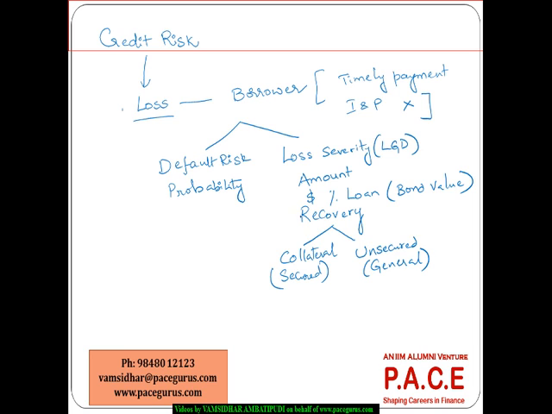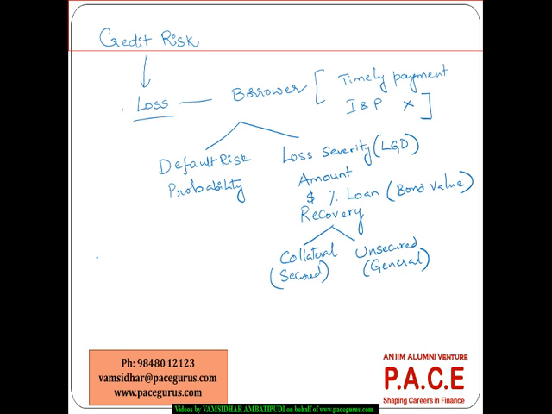So every time we look at the credit risk of any particular company exposed to any particular borrower, we look at these two dimensions. One is the default risk arising from the probability of failing to pay. The second one is the severity, which is associated with the amount that is typically lost.